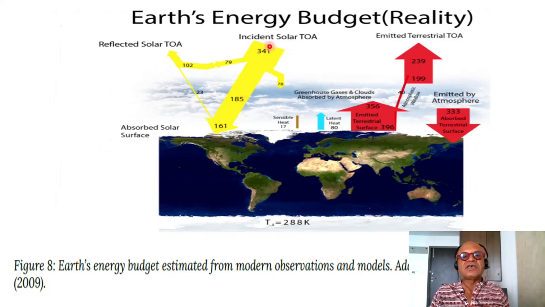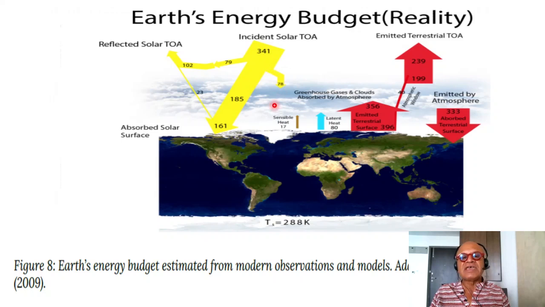So incident solar radiation, 341, 342, depends on when you are doing this figure, for example. So you have 79 bouncing off of the atmosphere, and 23 bouncing off of the surface. So the total albedo is still about 30%, so 102 watts per meter squared going straight back to space without doing any work, without warming anything, without energizing anything.